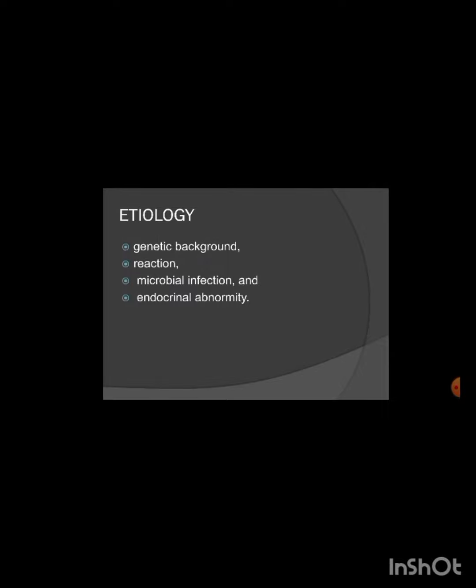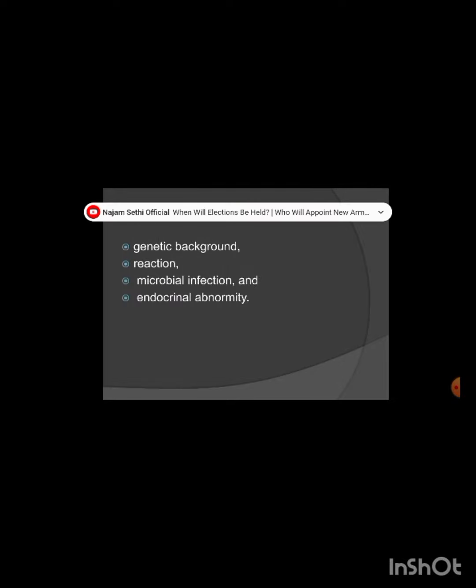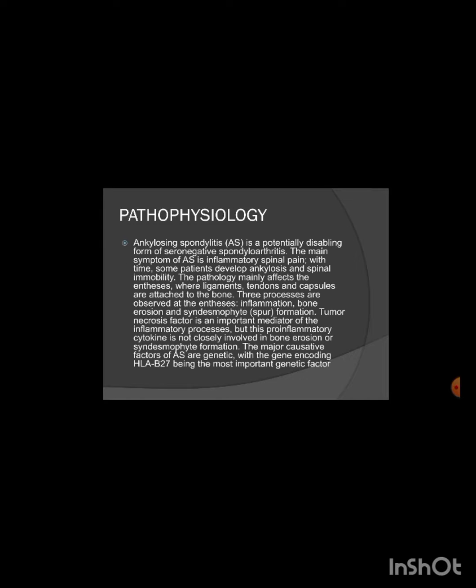There is a genetic background, and possible microbial infections and endocrine abnormalities, but the pathogenesis is unknown, and we cannot say definitively what the pathophysiology is. We will talk about the pathophysiology, which is normally that of an autoimmune disease.